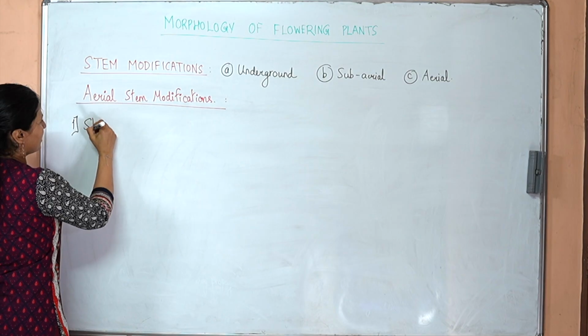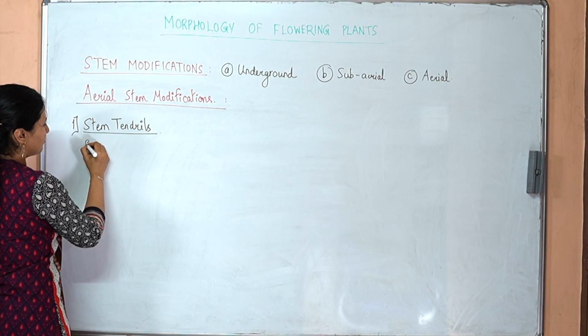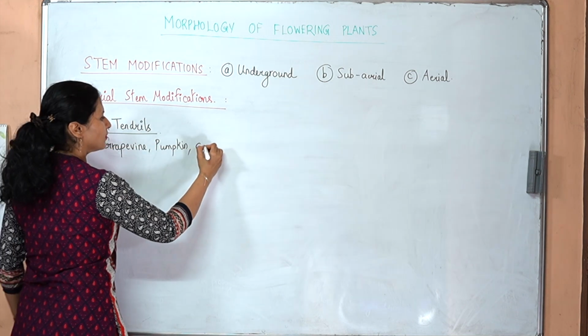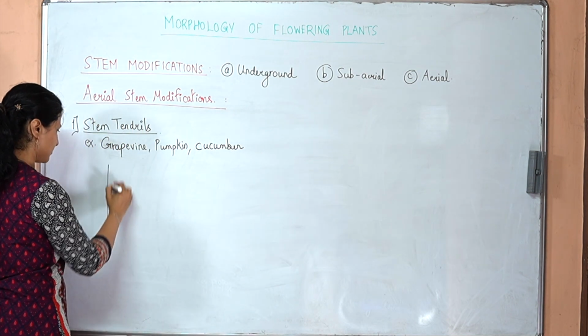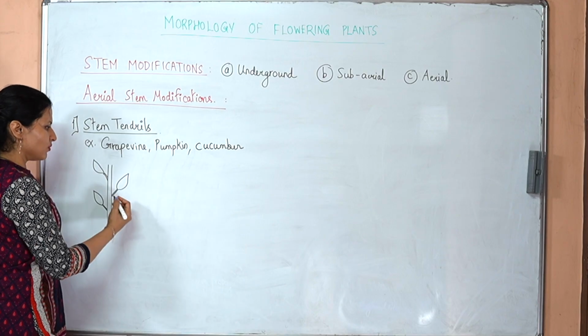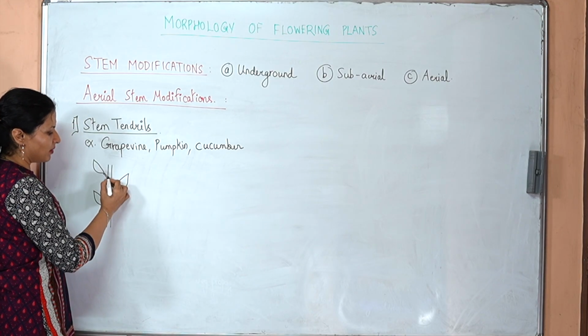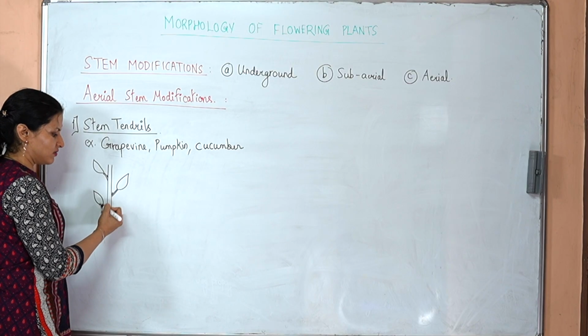First one, stem tendrils. In some plants such as grapevine, pumpkin, cucumber, what we see is that these are the leaves, right? If you remember what I told you about the leaves, there is presence of an axillary bud in the axil of the leaves. Do you remember?